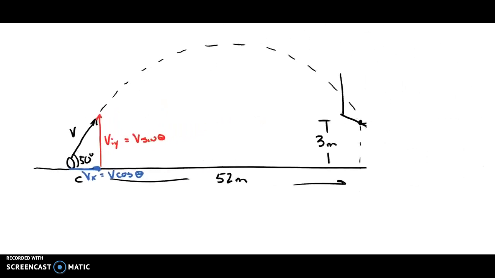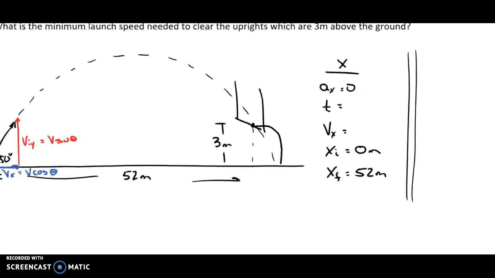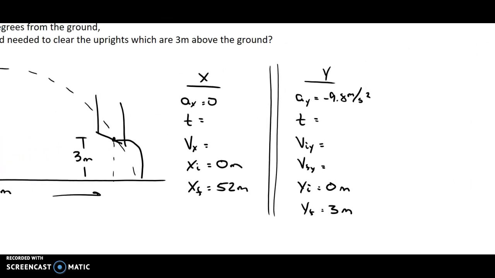The problem here is we don't know what v is. And when you don't know what it is, then we want to keep it as a variable. And so in my table, rather than writing in actual values for vx and viy, I can write it in as v cosine 50 and v sine 50.